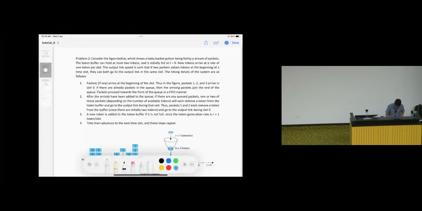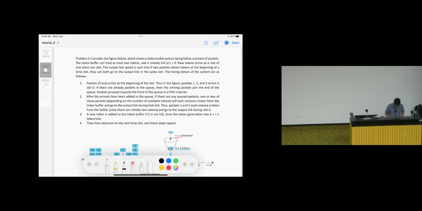The bucket filter is being fed by a stream of packets. The token buffer can hold at most 2 tokens, so B is 2. It is initially full at t equals 0, so it starts with 2 tokens. New tokens arrive at a rate of 1 token per slot, so my R is 1 token per slot here.